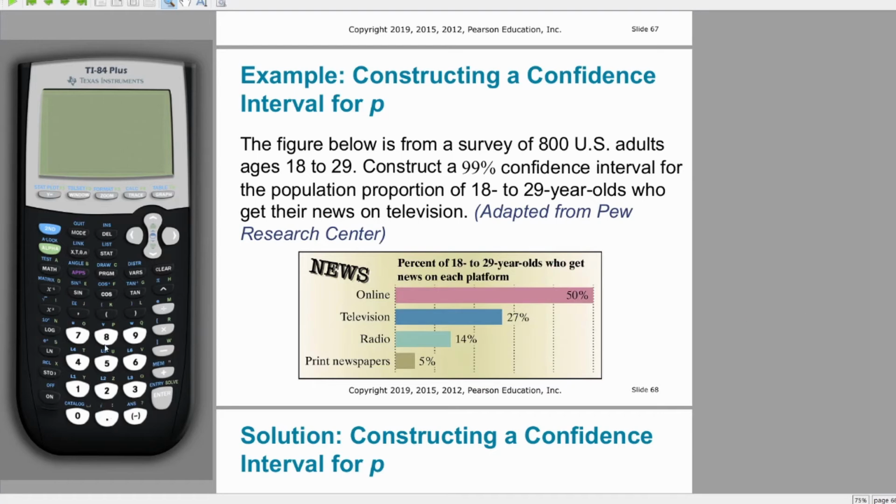Well, to do that, we take the total number, 800, and multiply it by the proportion here, 0.27, which is 216. So we're going to go into the calculator, and plug that info in there. So we have our 1 proportion z interval.